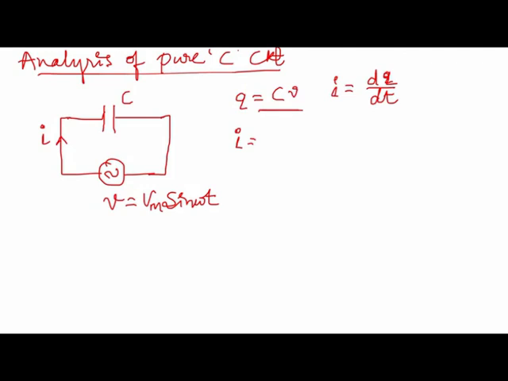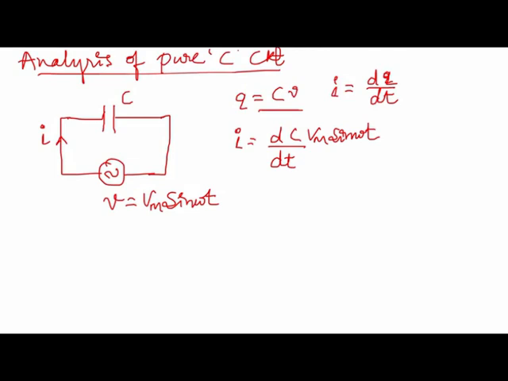So upon substituting, we need to differentiate the charge with respect to time. q is C into V, with V equal to Vm sin omega t. So we need to differentiate C Vm sin omega t with respect to t.